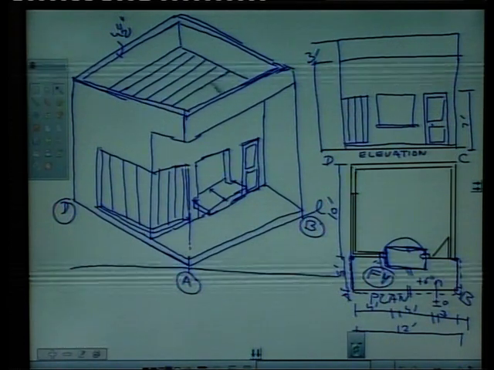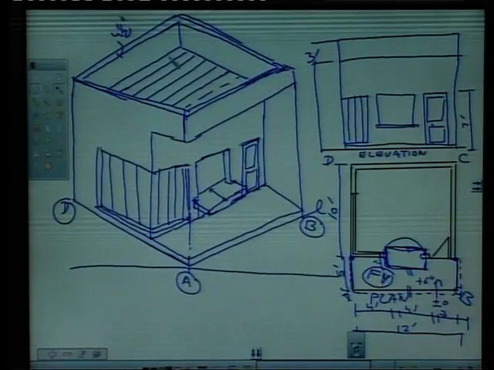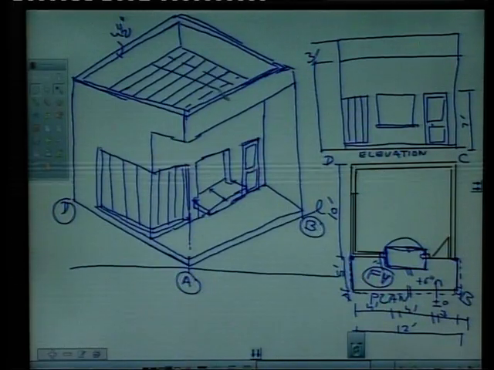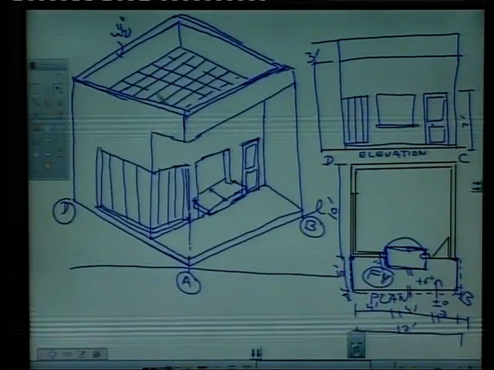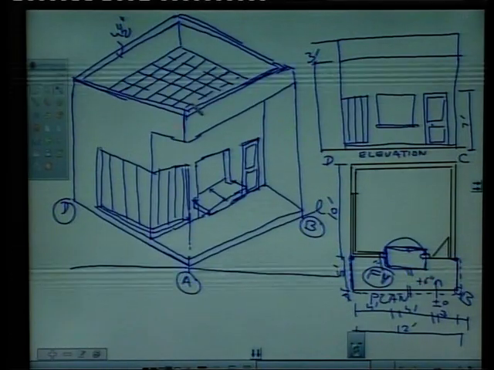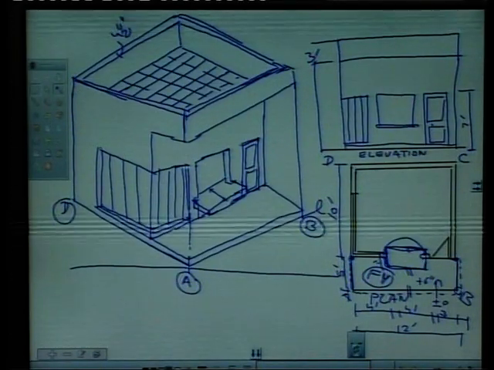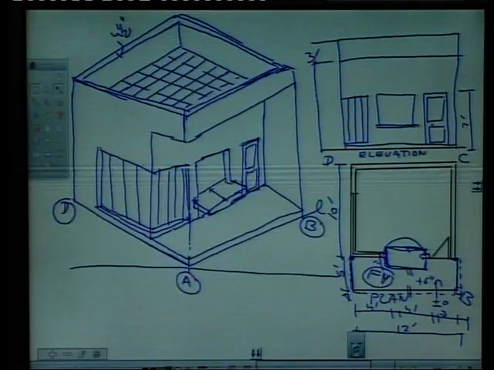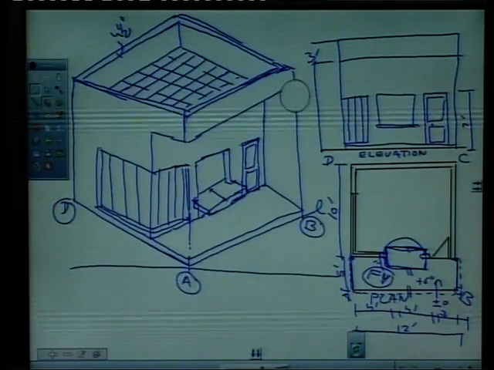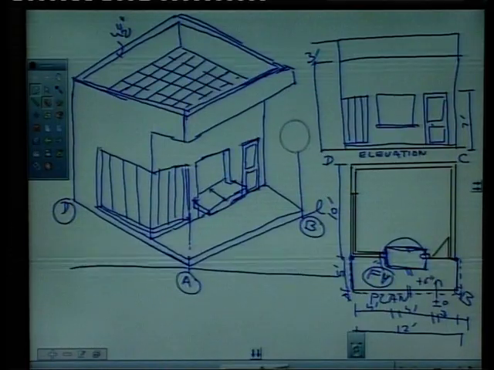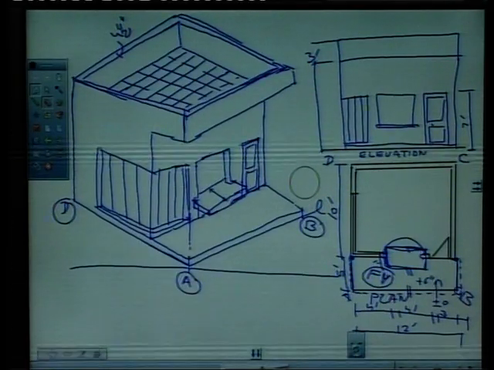We can draw lines here. These lines represent say tiles of the roof, right, and this represents extended parapet, and this line will not be there. This is just guideline.